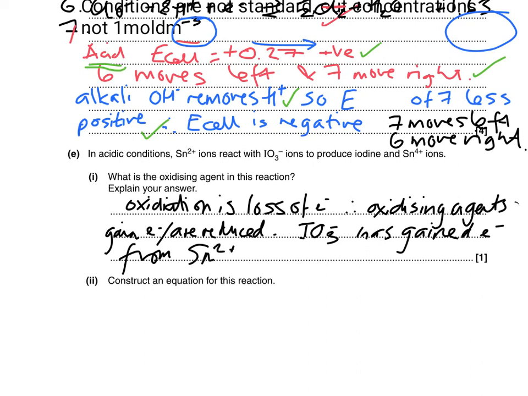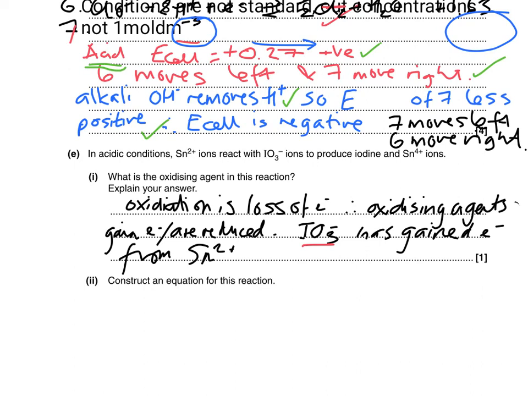That would get you the mark, or there are other ways of phrasing it: that the IO3 minus has been reduced to I2 or reduced to 0, or that IO3 minus has oxidized tin. Sorry, the Sn2 plus ions.